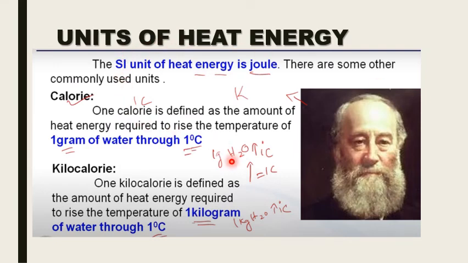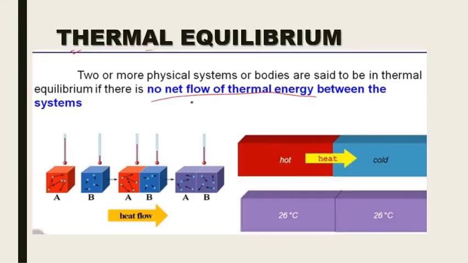So you can see here, for calorie, 1 gram of water through 1 degree centigrade. For kilocalorie, it raises the temperature of 1 kilogram of water through 1 degree centigrade.